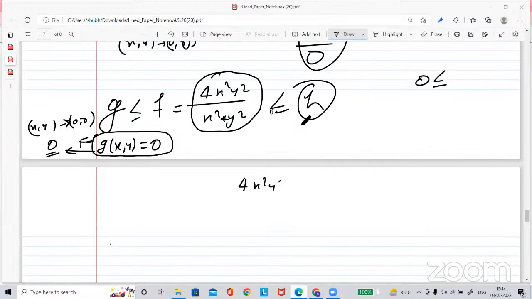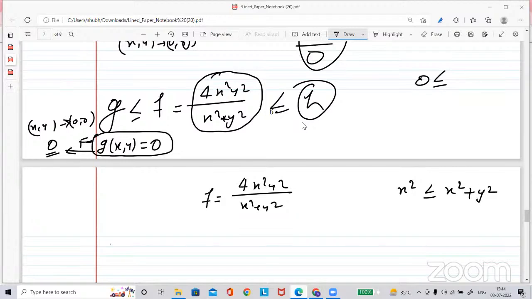Suppose we have this function, f over x square plus y square. What can we do here? Let's break this function in some form. x square is always less than or equal to x square itself if we add a positive number.